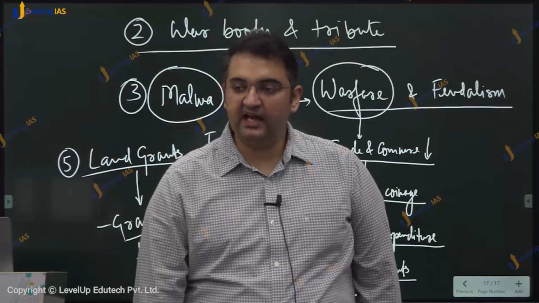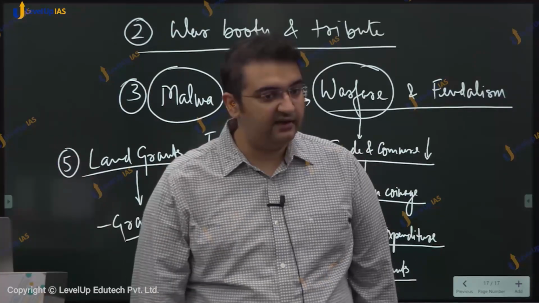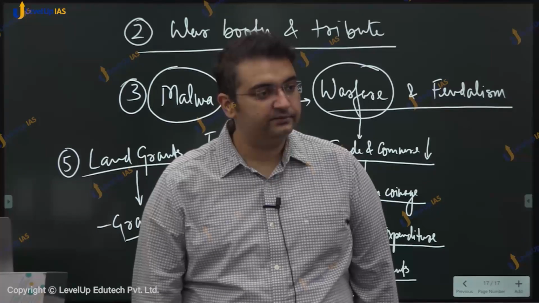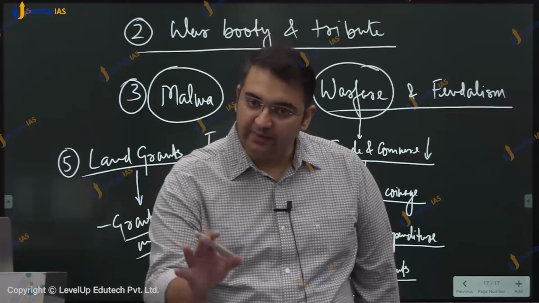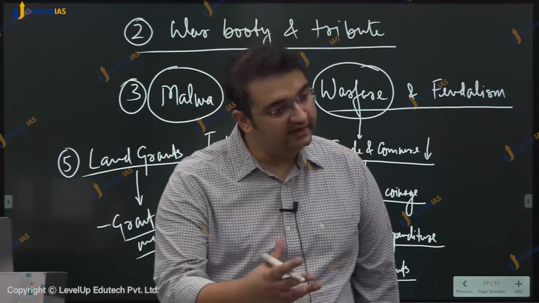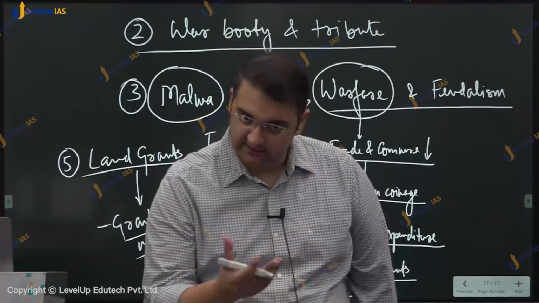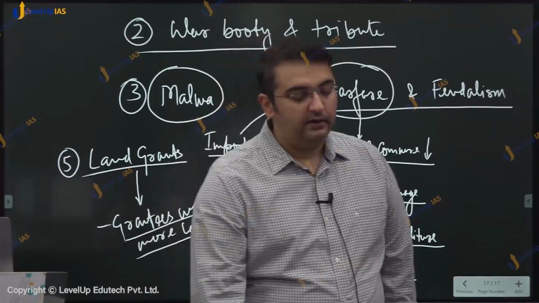And could the kings have ignored the interests of these land grantees? क्यों नहीं इग्नोर कर सकते थे? Because the kings themselves were dependent upon them for military support as well as political and religious legitimacy. Okay? Write down. Next point.